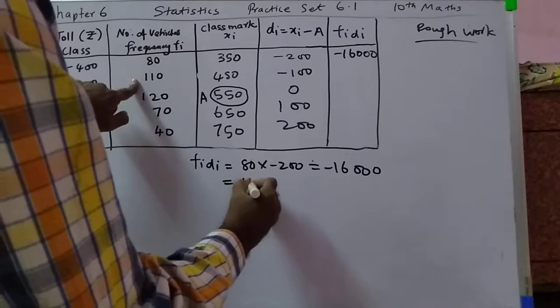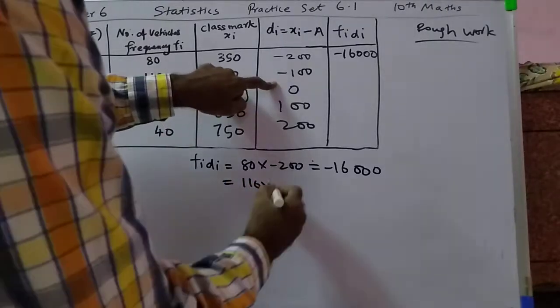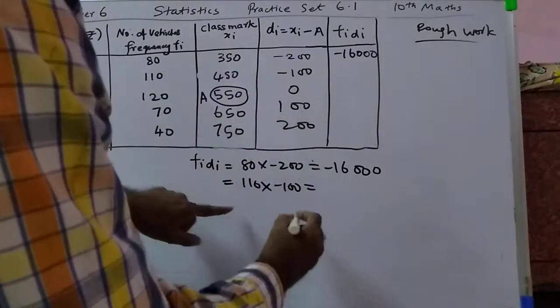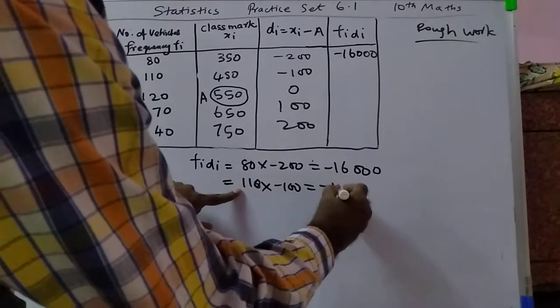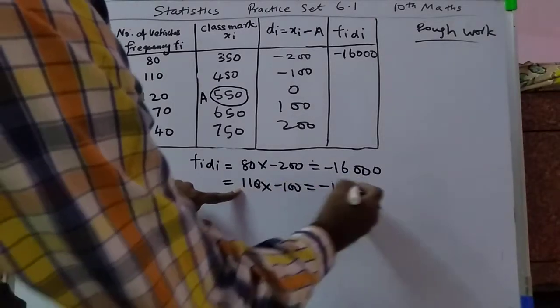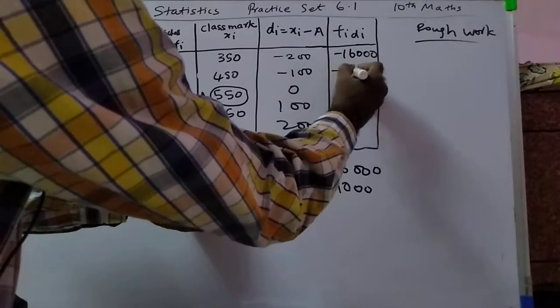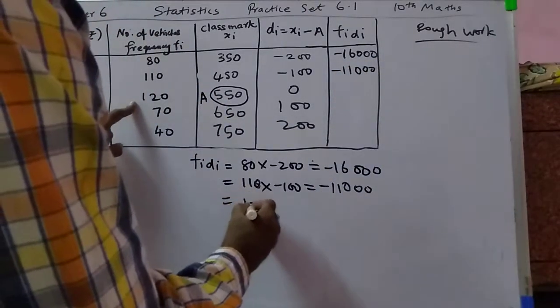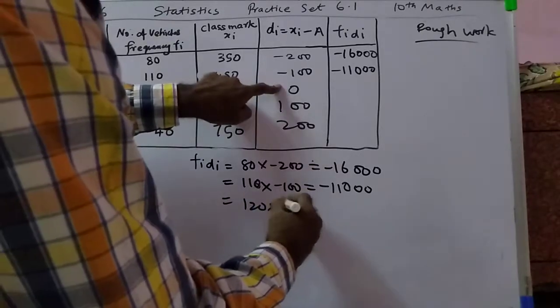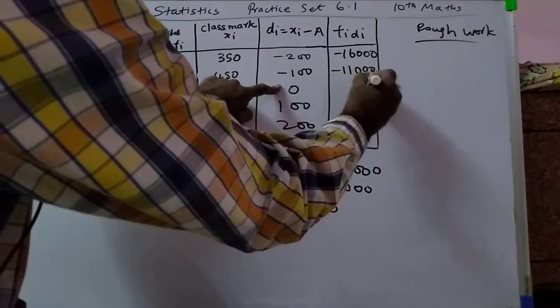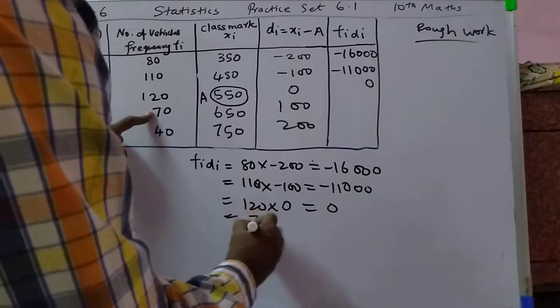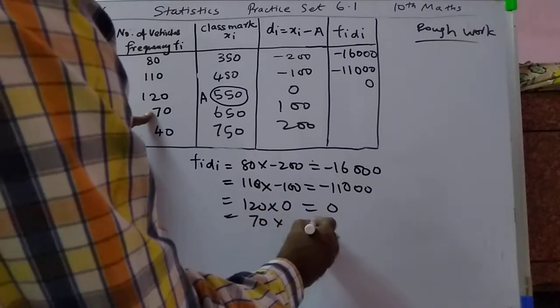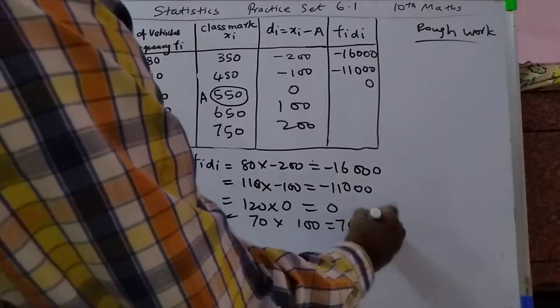The next one, 110 into minus 100, that will become minus 11,000. Now take this, 120 into 0, 0. And it is equal to 70 into 100, that is 7,000.